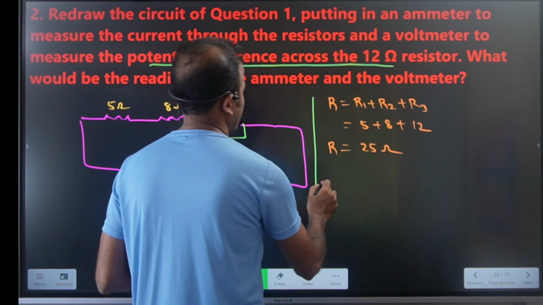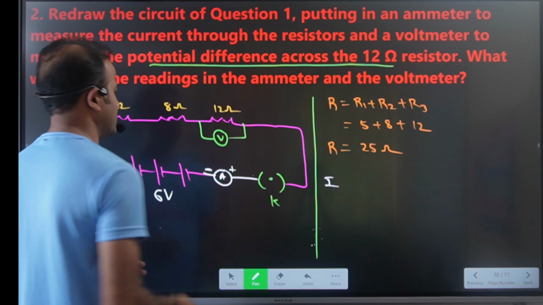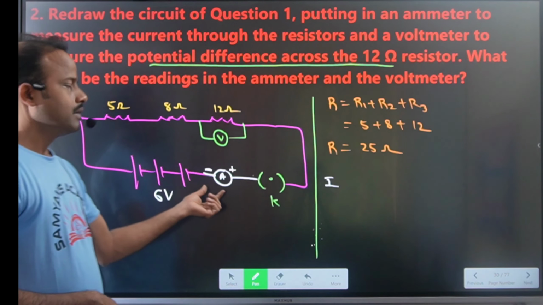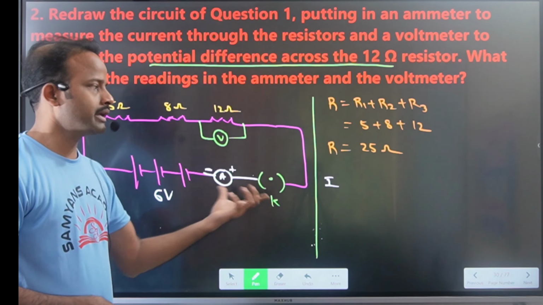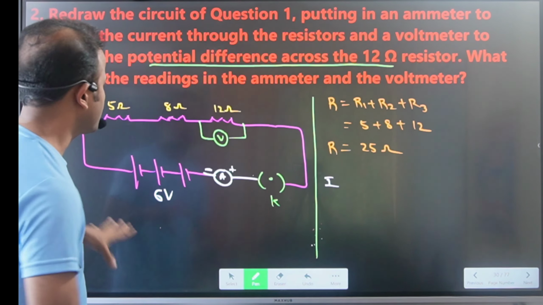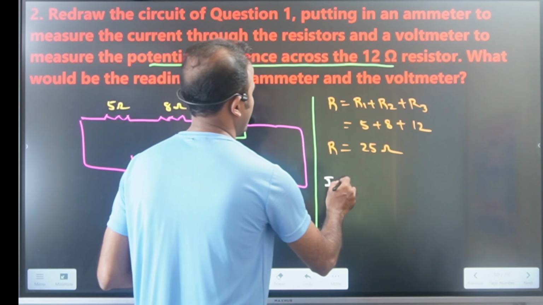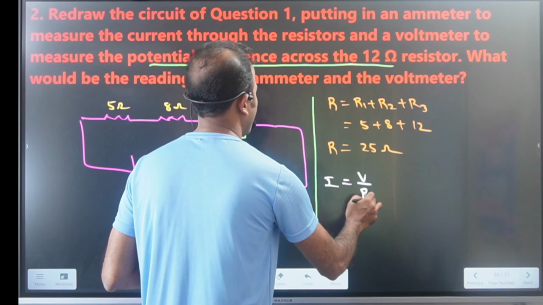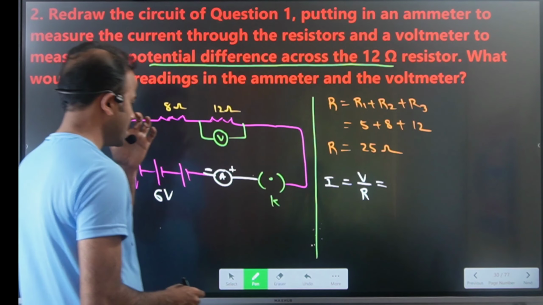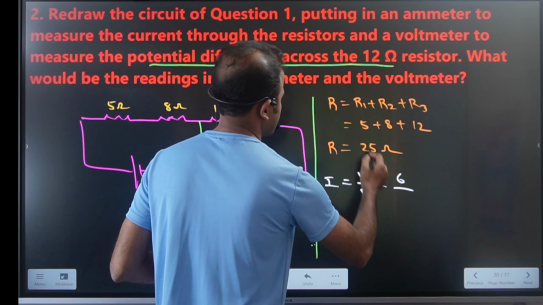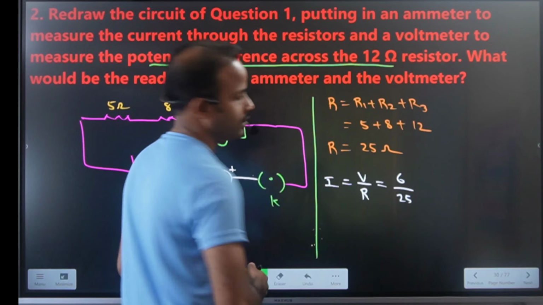Then how will you calculate the value of current? How do you measure the current? By using this ammeter. The reading the ammeter shows, we are now calculating by using Ohm's law formula. I equal to V by R. The battery voltage is 6 volts and total resistance is 25, so 6 by 25.